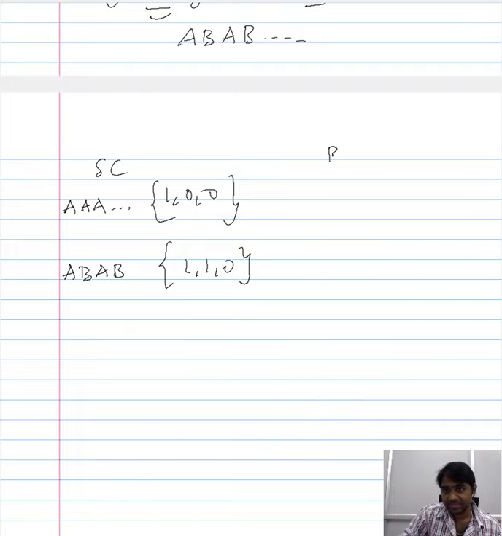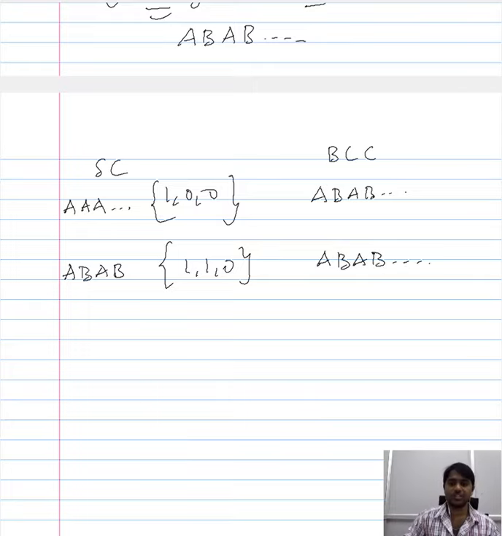Now in case of BCC, while considering the family of planes of 1 0 0, there was a significant difference between two adjacent layers, and therefore we represented it by AB and AB and so on. Even when you consider the 1 1 0 plane, the difference between the adjacent layers of atoms continued, and therefore the stacking sequence did not change.